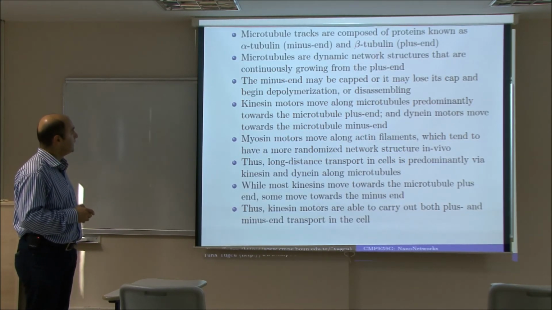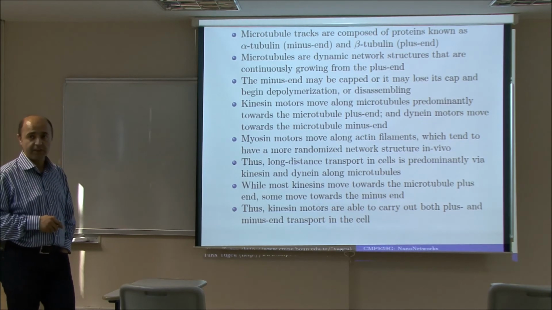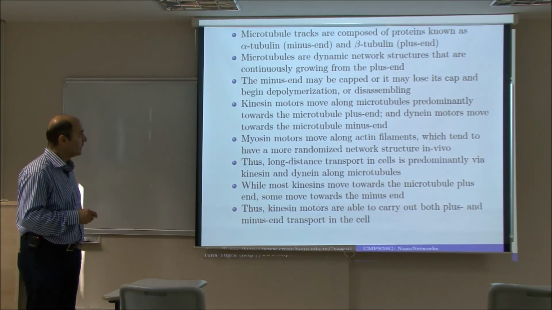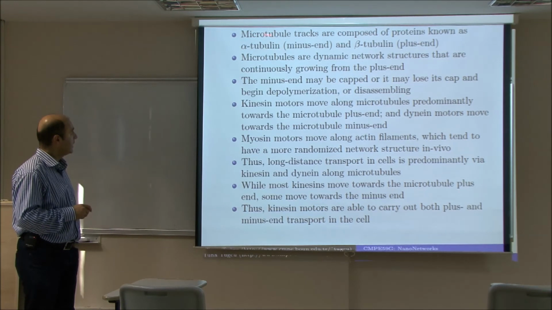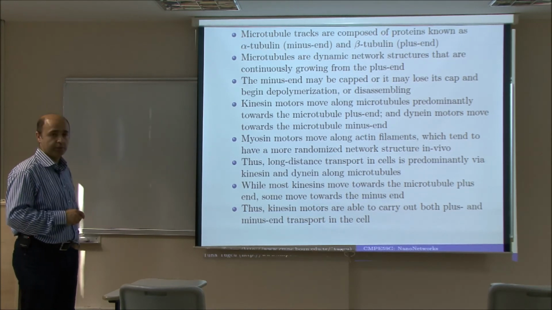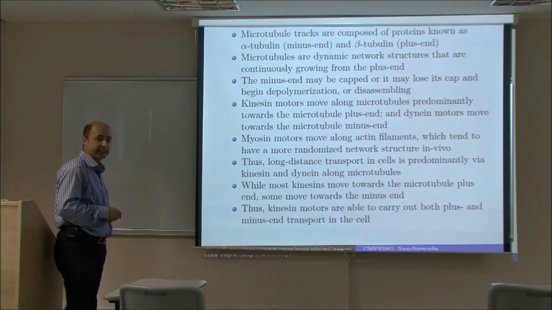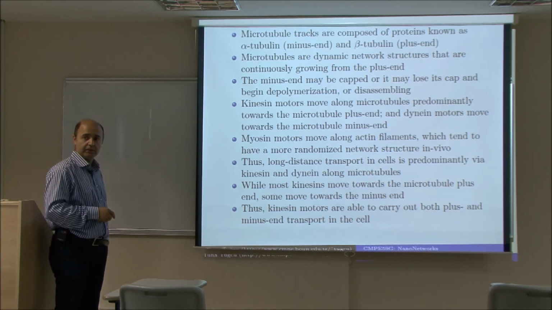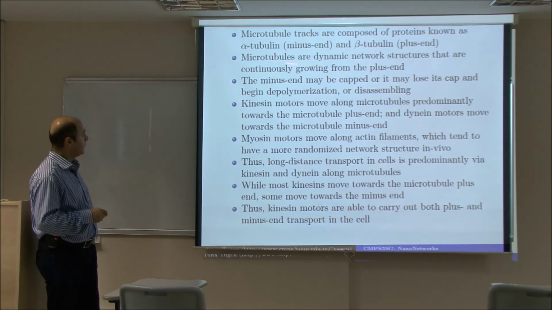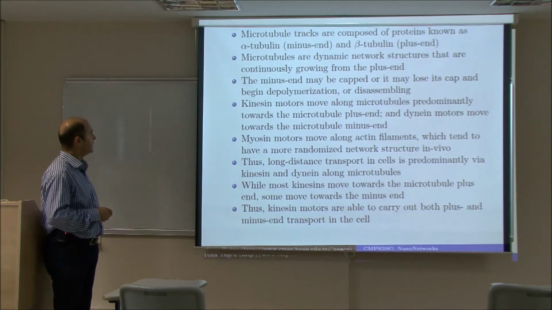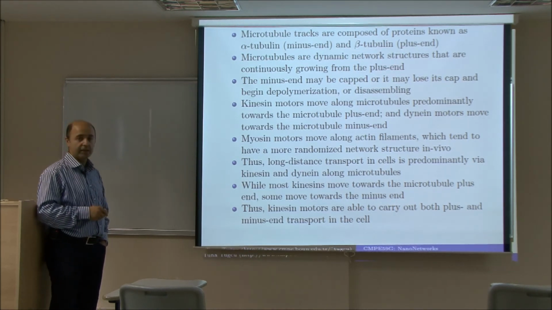We said the microtubule tracks are composed of proteins, which we call alpha tubulin and beta tubulin, where beta tubulin represents the plus end and alpha tubulin represents the minus end. Okay? And the microtubules are dynamic network structures that are continuously growing from the plus end.